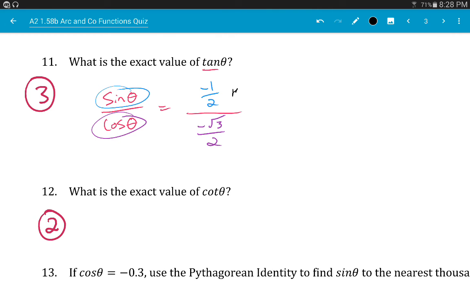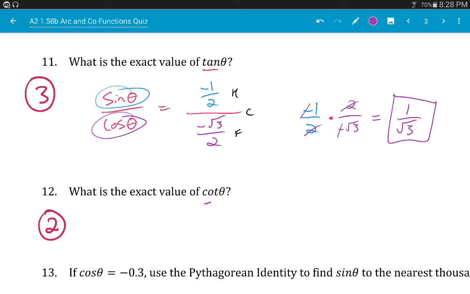We don't divide fractions by fractions, so we keep, change, flip. I'm going to keep the negative 1/2, change it to multiplication, and flip the bottom fraction: 2 over negative radical 3. The 2's cross out, the negatives cross out, and my final answer for tangent is 1 over radical 3.